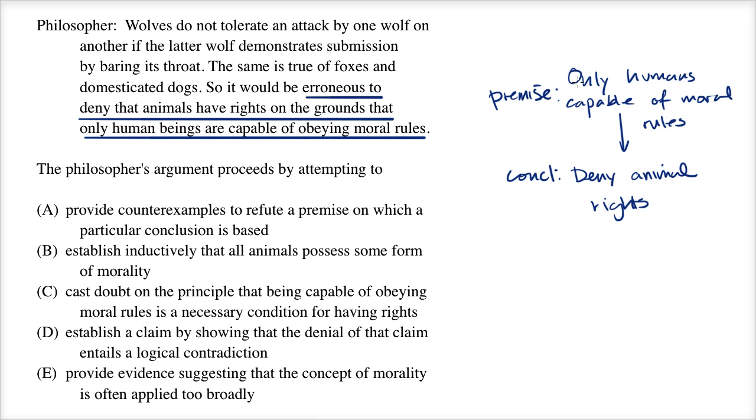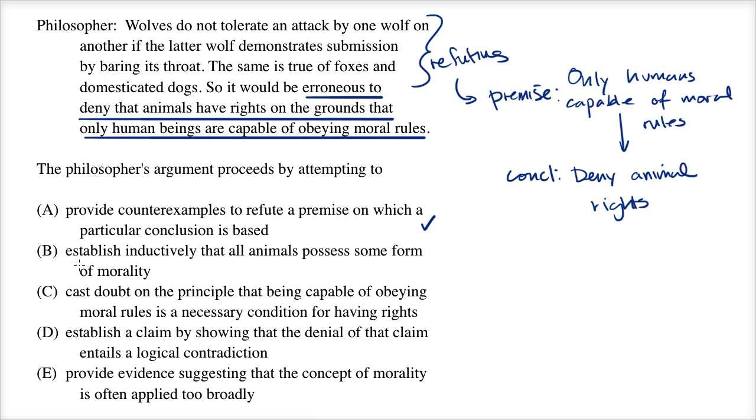They're saying, hey, well, it seems like wolves and foxes, according to him, and dogs do have some type of moral rules. So this looks like a pretty good choice. So he's refuting it with this first part of our little statement. He refutes this premise, which would then undermine it, if someone makes this conclusion from this premise, they wouldn't be able to make that conclusion if they're going off this premise.